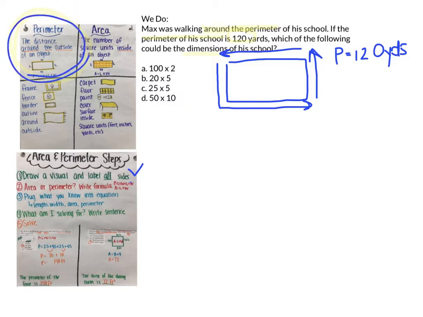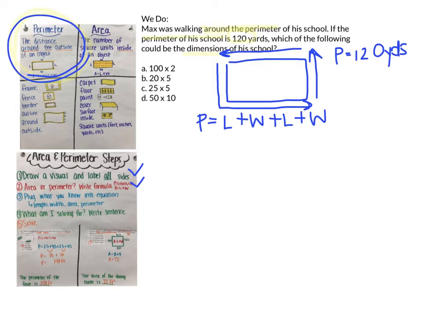So we're going to write out our formula. Perimeter equals length plus width plus length plus width. So in this problem, we're not given any of the dimensions. We don't know our length and we don't know our width.